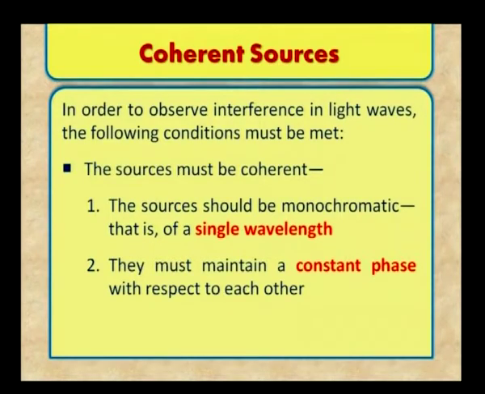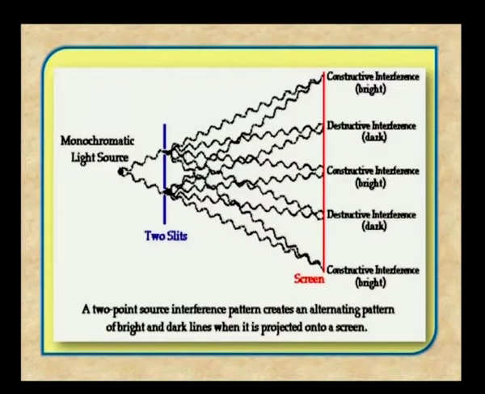What do we understand by coherent sources? In order to observe a stationary pattern consisting of bright and dark fringes, as I showed just now, the sources must have the same wavelength. Is it satisfied now? It should be monochromatic.